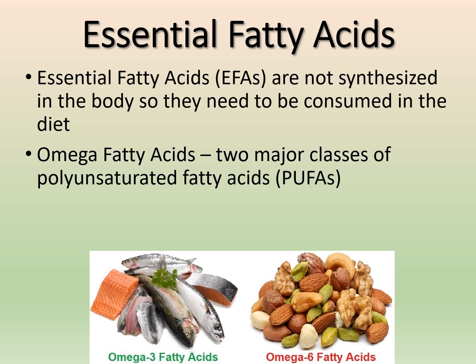Okay. So we have what are called omega fatty acids, and there are two major classes of omega fatty acids. These are polyunsaturated fatty acids. Remember we said those unsaturated fatty acids have double-bonded carbons, so they have a kink, and poly just means there are multiple of those double-bonded carbons, right?